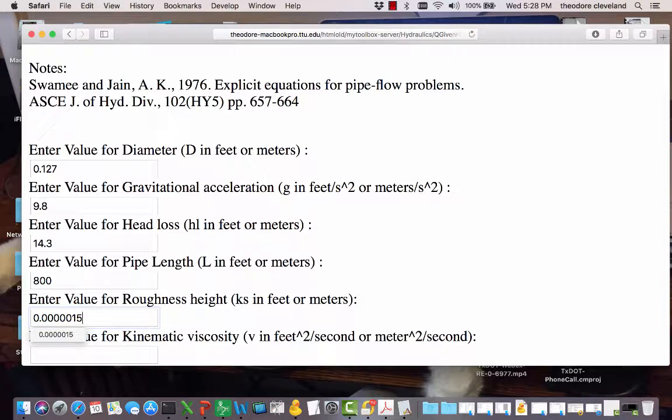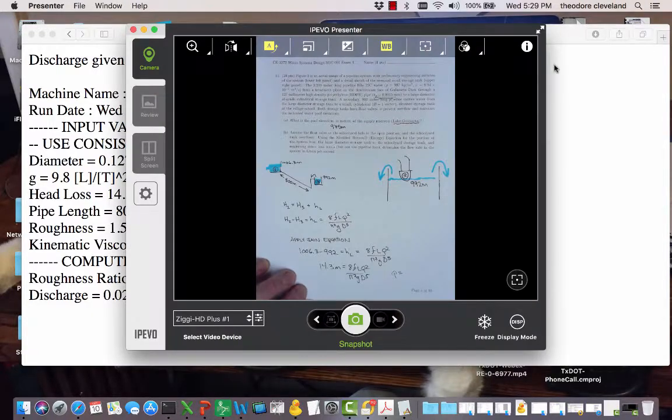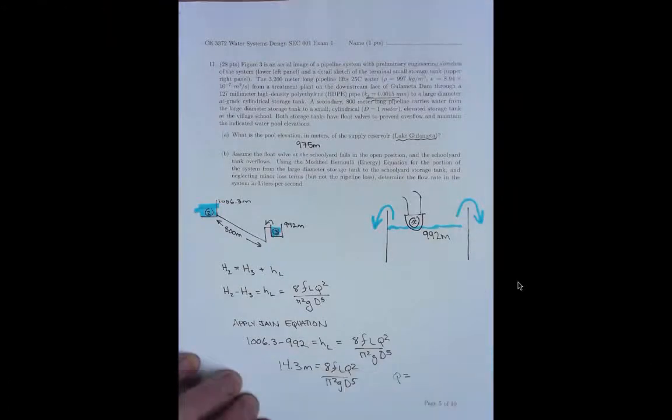We have to convert millimeters into meters. And kinematic viscosity is 8.94 E minus 7. Hit the submit, and we get a computed discharge of 0.02169, which is 21.7 liters per second.